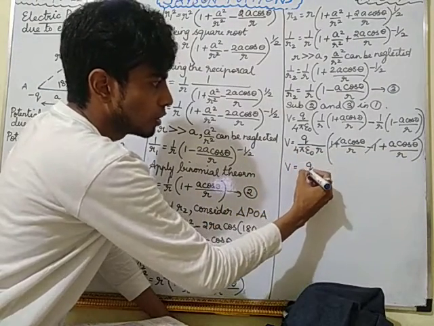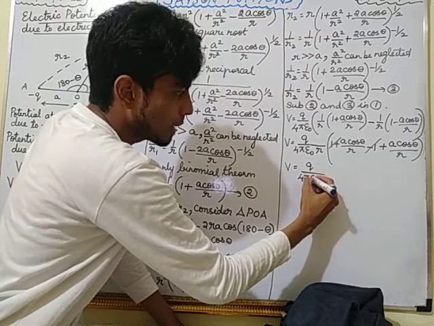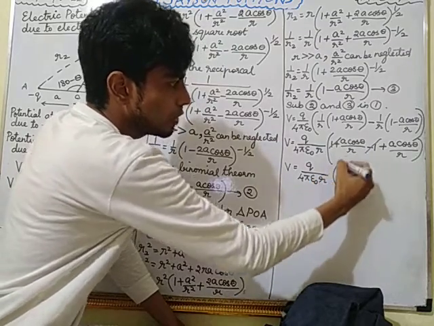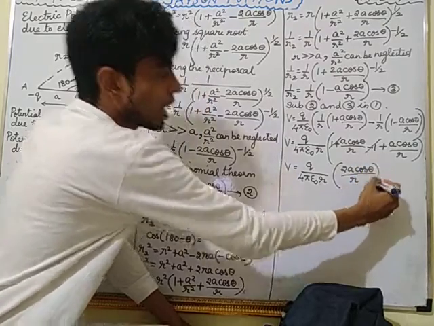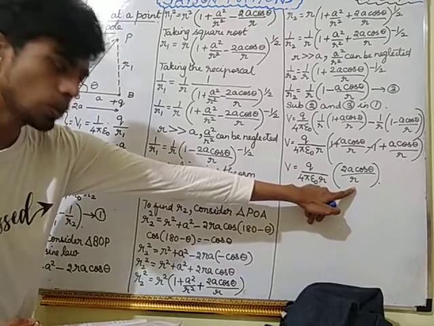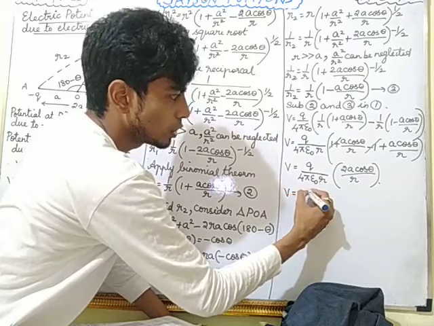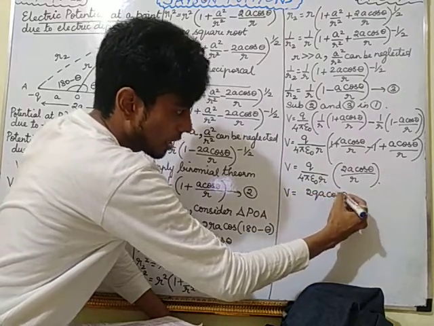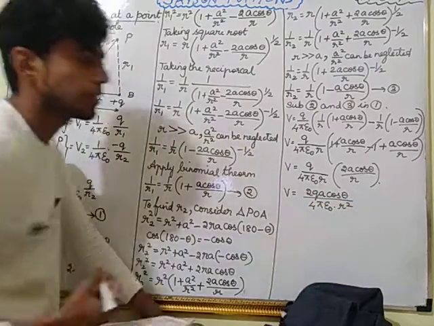So V is equal to Q by 4 pi epsilon naught into r. If I add these two, it will become 2a cos theta divided by r. So r into r will become r square. Okay, so I will get V is equal to 2qa cos theta by 4 pi epsilon naught into r square.